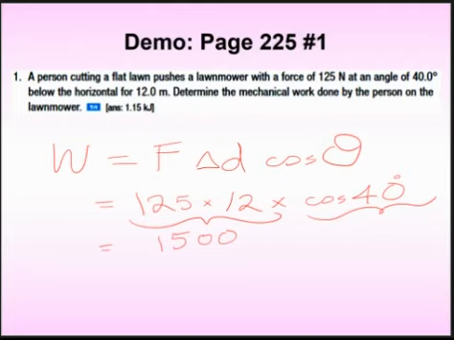Yasmin is saying, I don't get how an angle could be negative. It's not the angle that is negative, it's the cosine of it. The angles are always positive. The angle is just how much you turn.